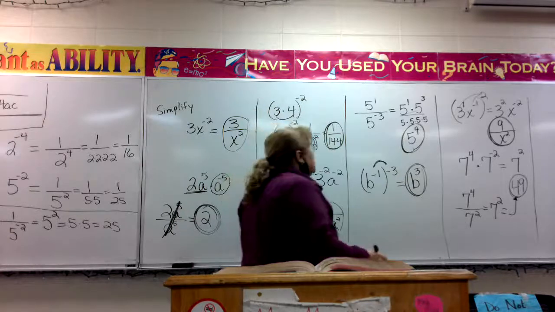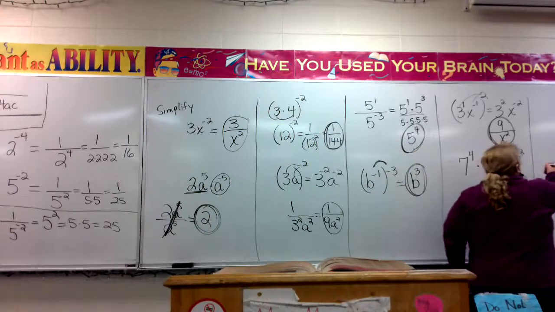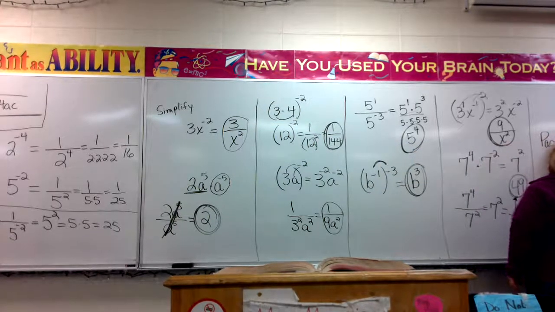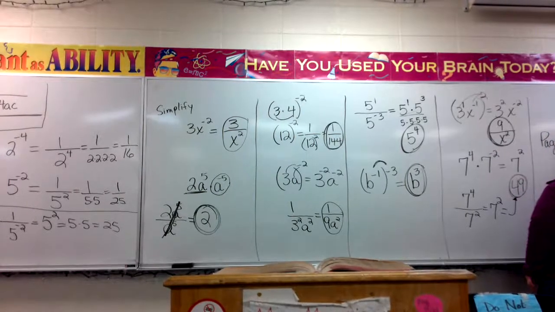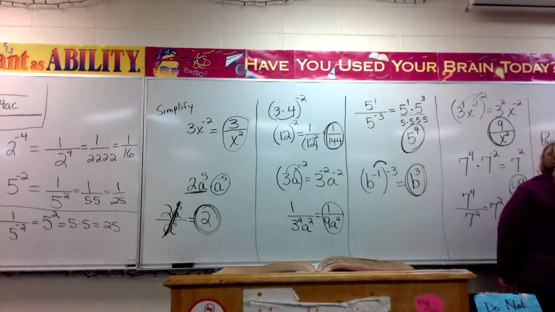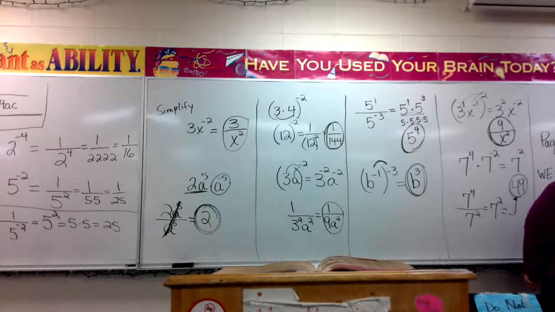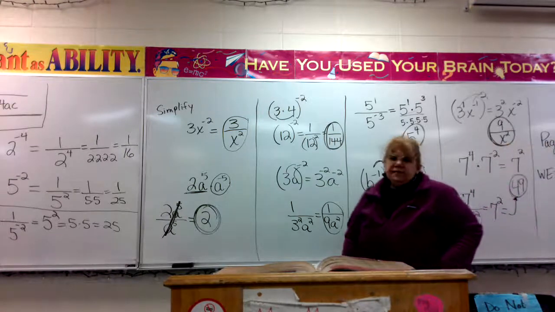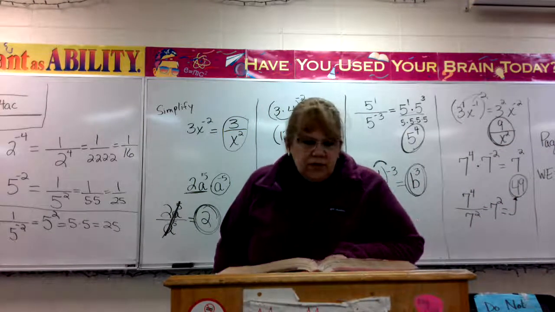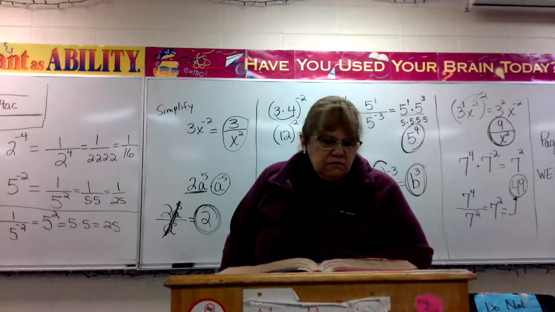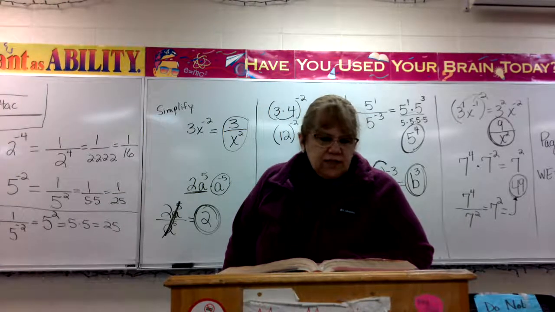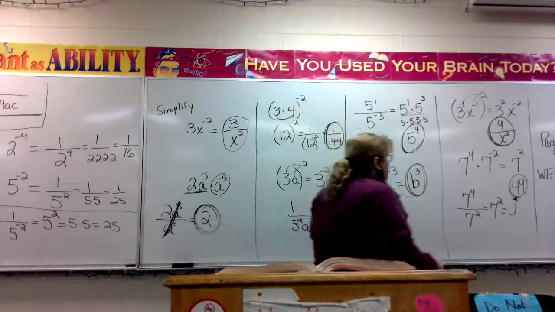Let's go. Page 333. 1 to 27, the odds. And then I would like you to do 35, and 2, 4, 6, 8, 10 to 44.